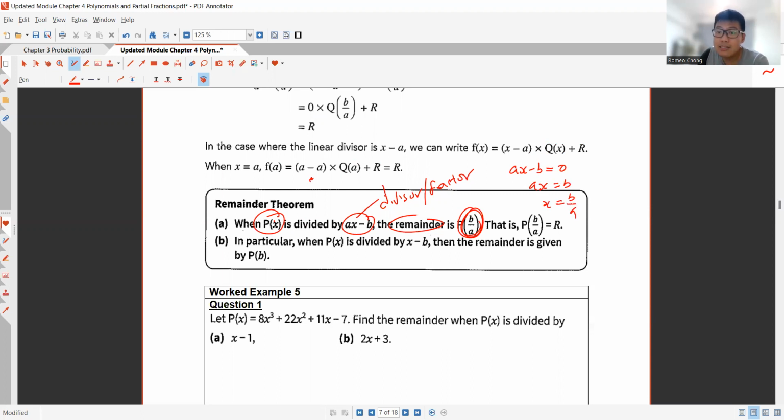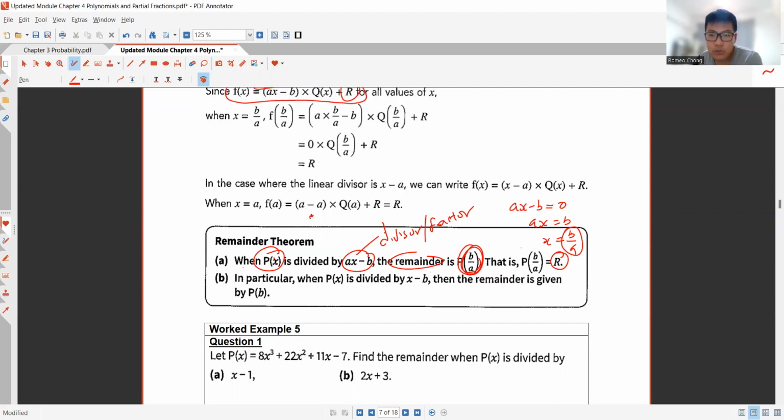That means this b over a is actually one of the roots of the polynomial. Roots means the answer for x. So when you substitute the value of x, which is b over a, into your polynomial, the answer that you obtain is actually your remainder.